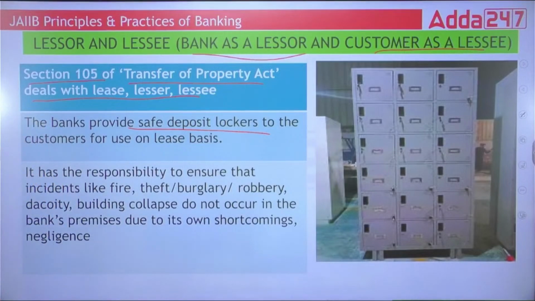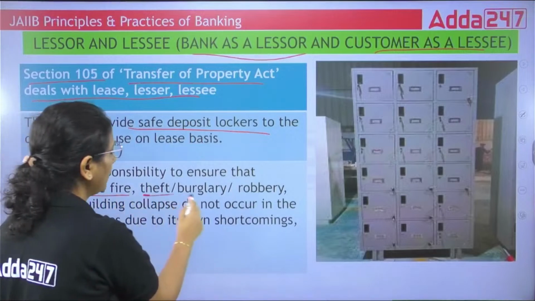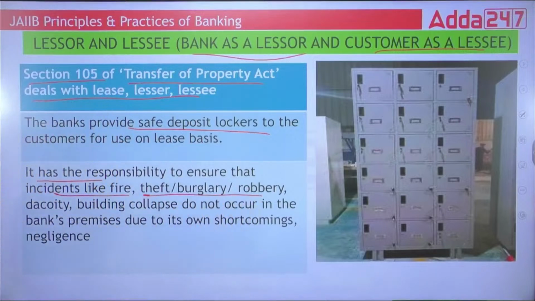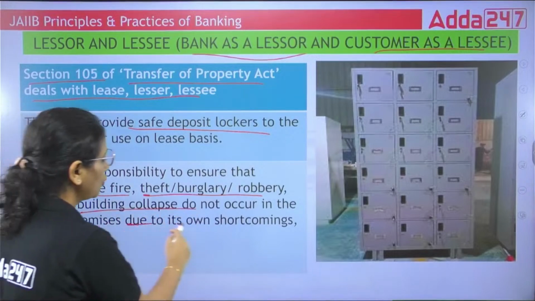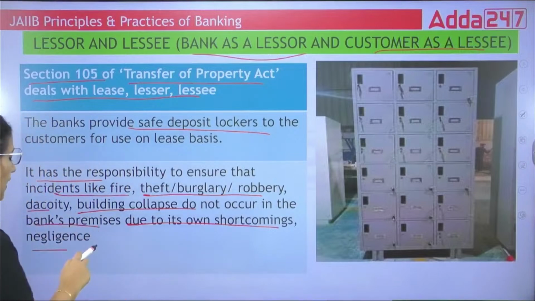It is the responsibility of the bank to ensure that fire, theft, burglary, robbery, dacoity, building collapse do not occur in the bank's premises due to its own shortcomings or negligence.